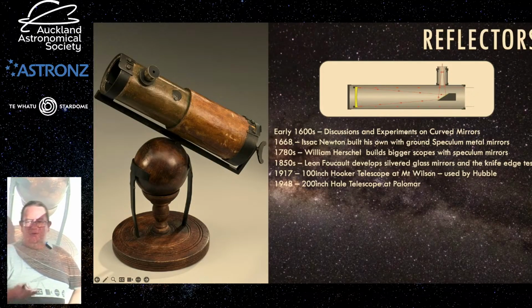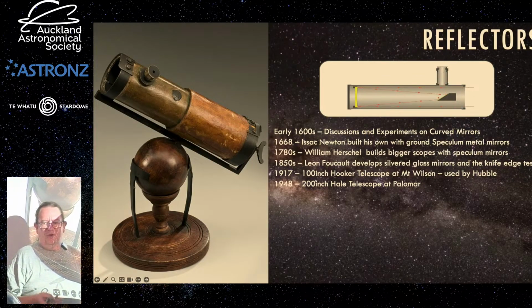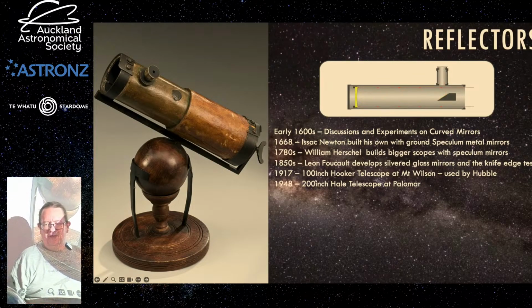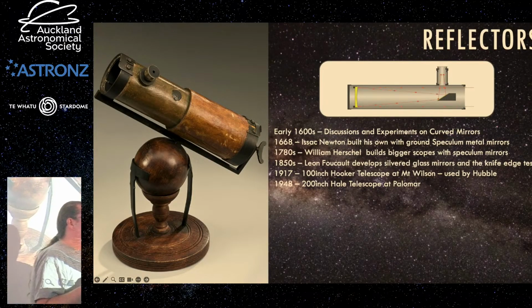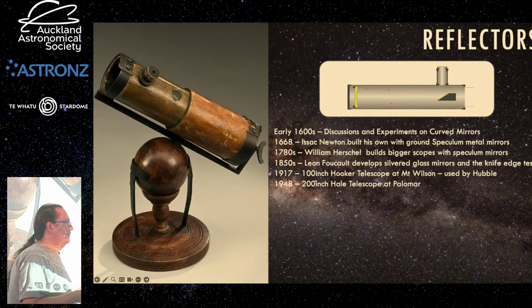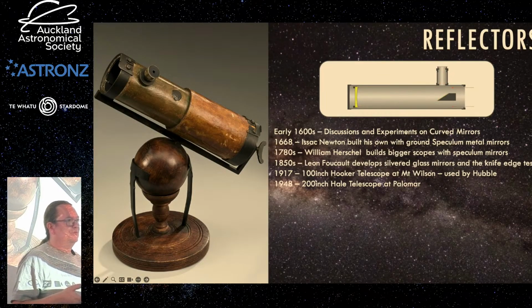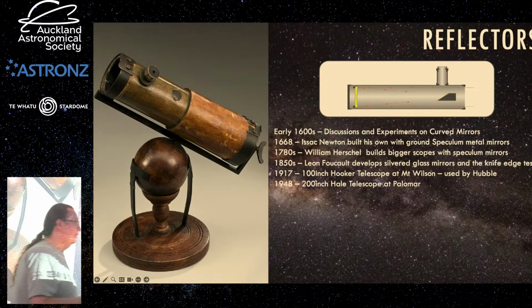A couple of notable people were doing work on this, Giovanni Zucchi and Niccolo Zucchi. But the problem they had was making a reflective surface accurately enough to focus light in a way that you could get an image from it was really difficult.